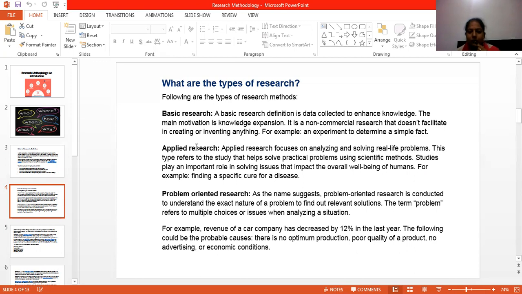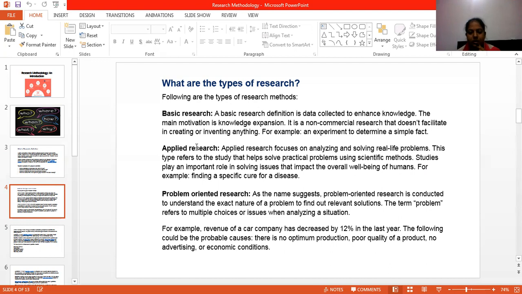Studies play an important role in solving issues that impact the overall well-being of humans. For example, finding a specific cure for a disease.